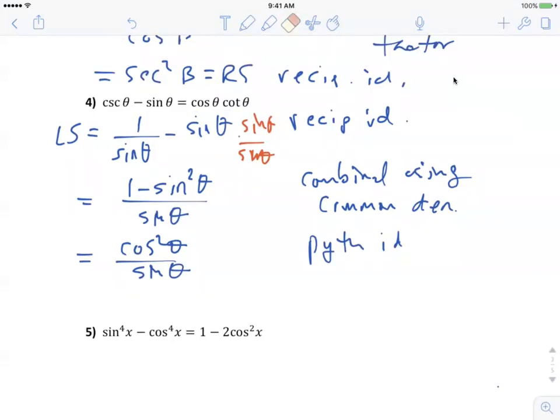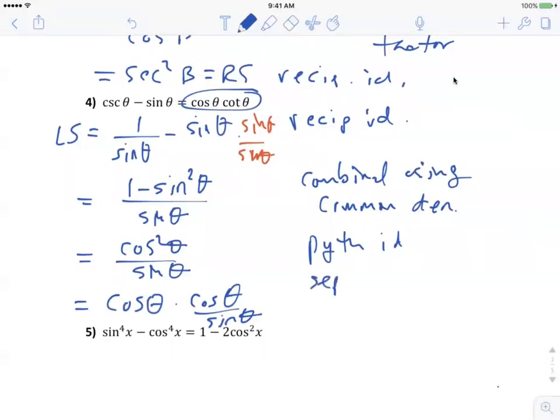That's an alternative Pythagorean identity. Now what I'm going to do is try to separate this out into 2 factors, because look what I'm after right here is 2 factors. So I'm going to separate it into cosine times cosine and then just write the sine under one of them. So that's separate into 2 factors.